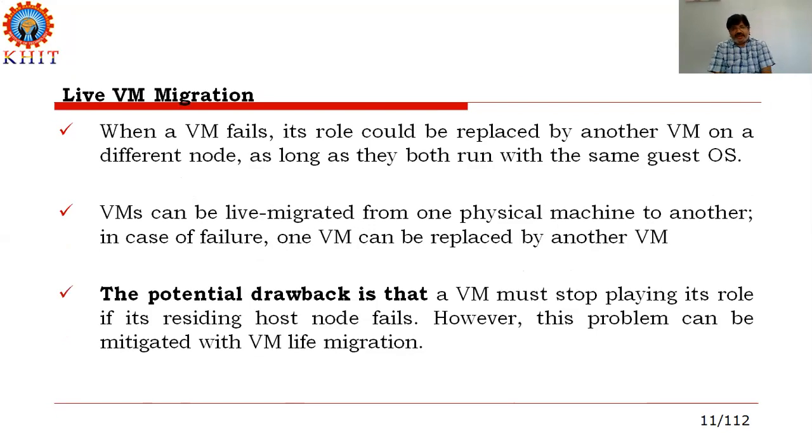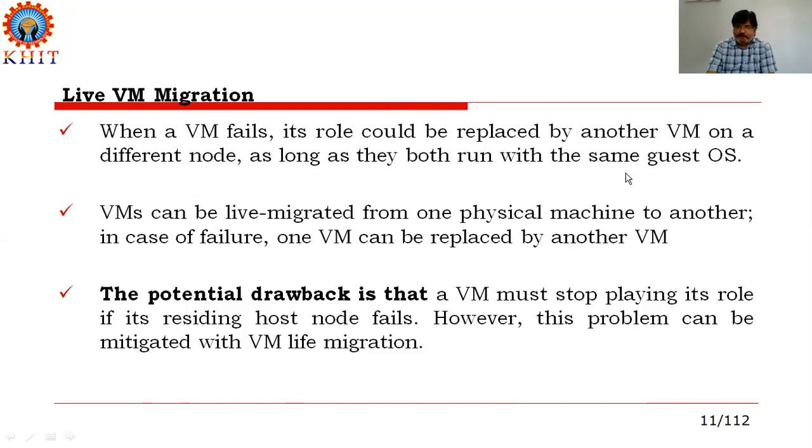So what is live migration? We have discussed it in an earlier slide also. Now, in live migration, whenever a virtual machine fails for any reason, its role could not be replaced by another virtual machine on a different node as long as both run with the same guest operating system.